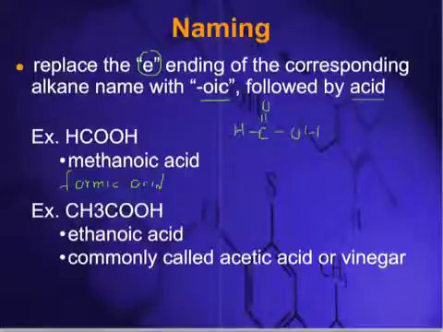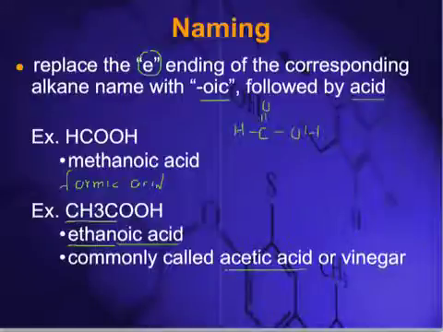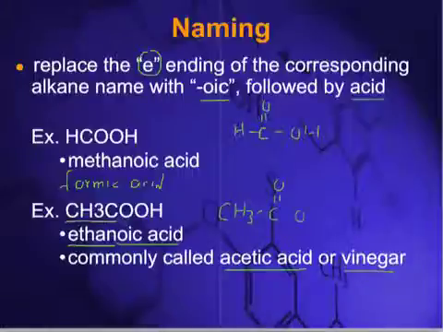The second carboxylic acid is CH3COOH. You'll notice that there are 2 carbons, and therefore this has the root of ethane, but now it's ethanoic acid. And this is also known as acetic acid or vinegar. Ethanoic acid has the structural formula CH3, C, double bond oxygen, single bond OH.